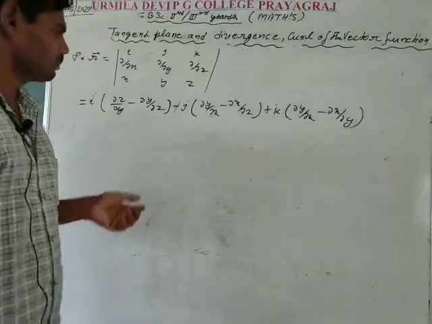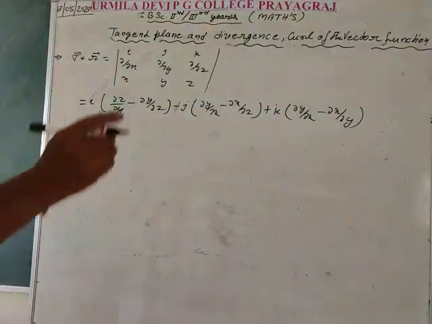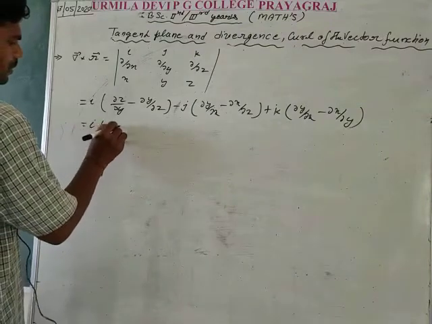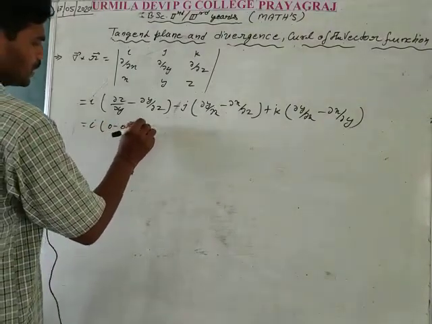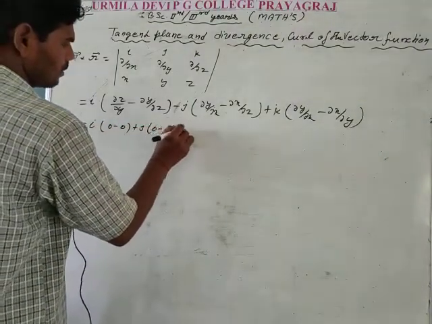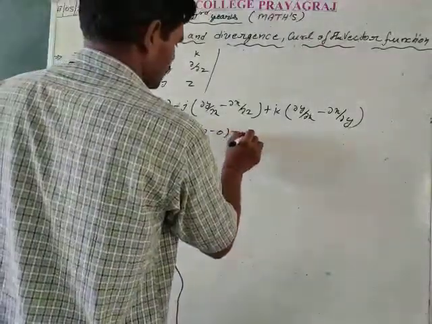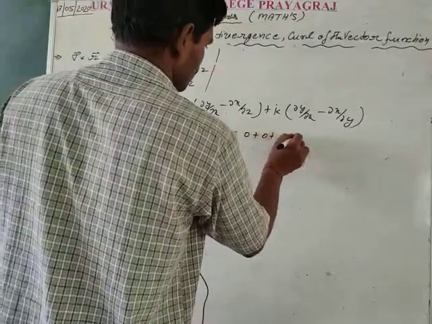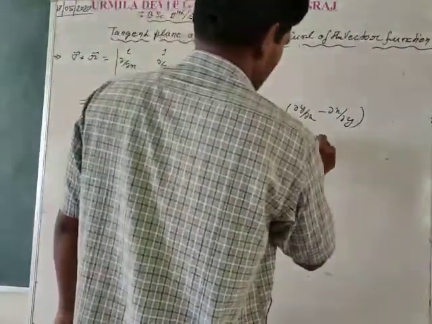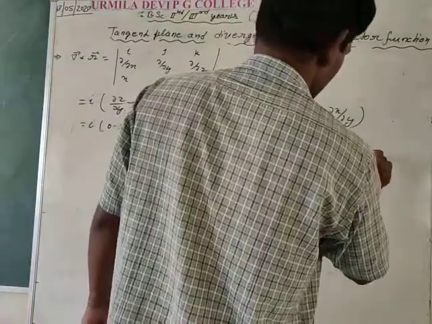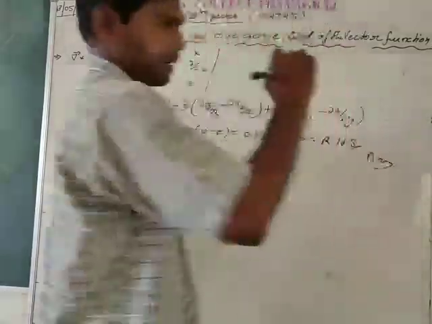Therefore, by partial differentiation each term is equal to 0. So i times (0 minus 0), j times (0 minus 0), plus k times (0 minus 0), which is 0 plus 0 plus 0, equal to 0. Hence proved, LHS equals RHS. So the question is proved, and this is the answer.